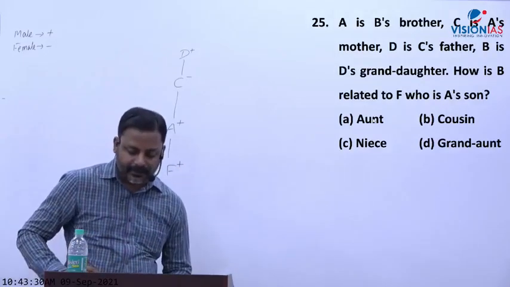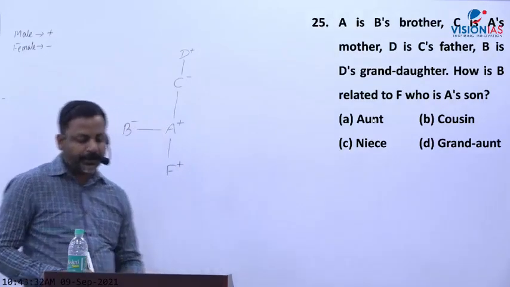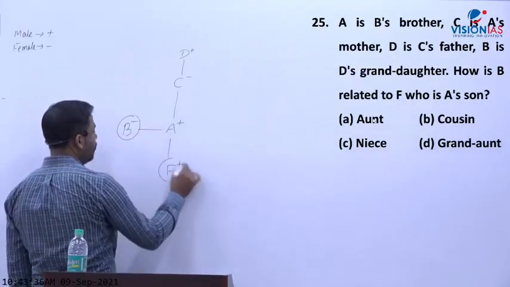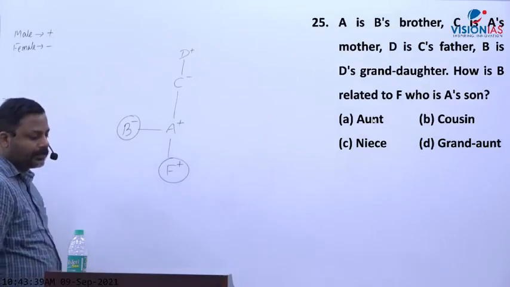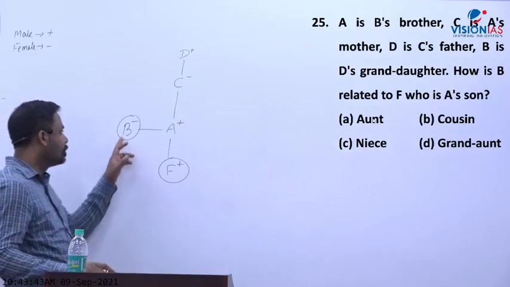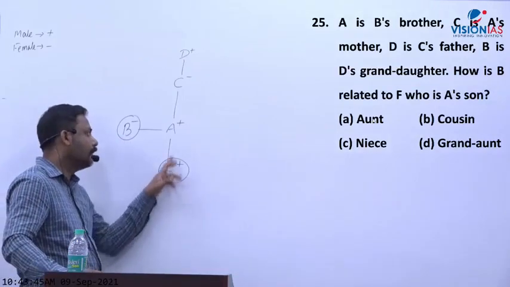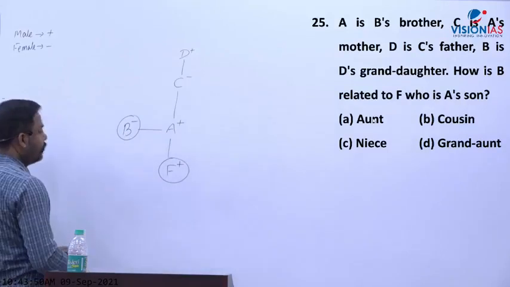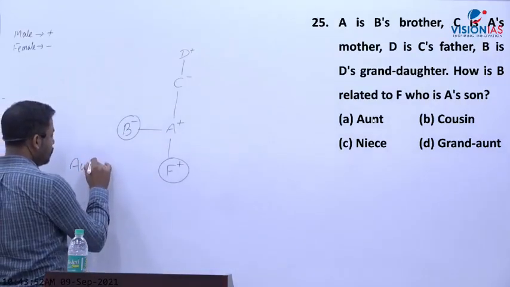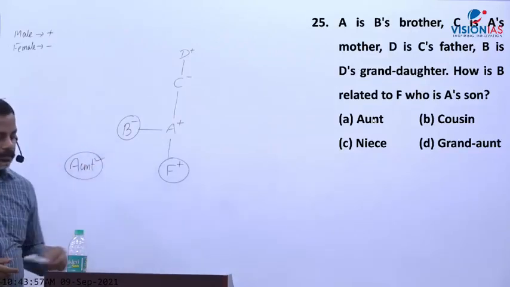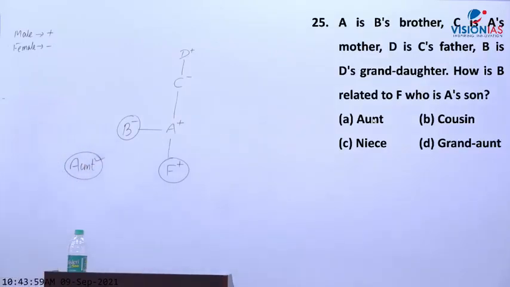And we have to find the relationship between B and F. So F's father's sister. Father's sister is what? Father's sister is aunt. So the answer of this question is aunt.